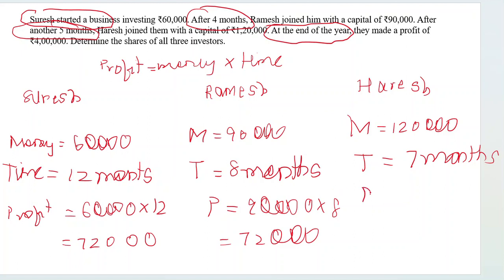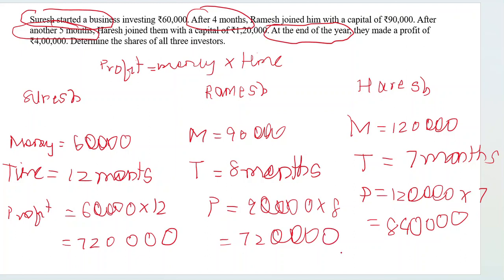And the profit in this case is 1,20,000 into 7, 12 7s are 84, and there again 4 zeros. I made a mistake here. This is again 4 zeros.